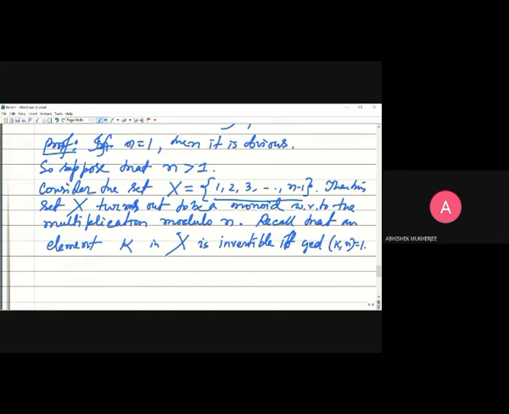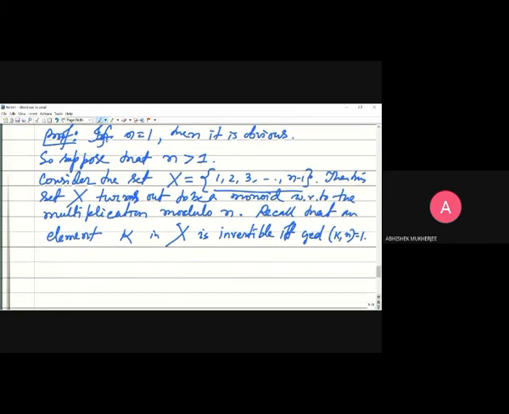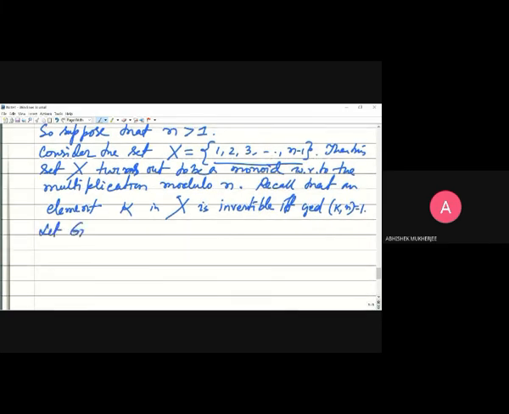And using this fact, suppose G is the set of all invertible elements in X, the monoid with respect to multiplication modulo n.